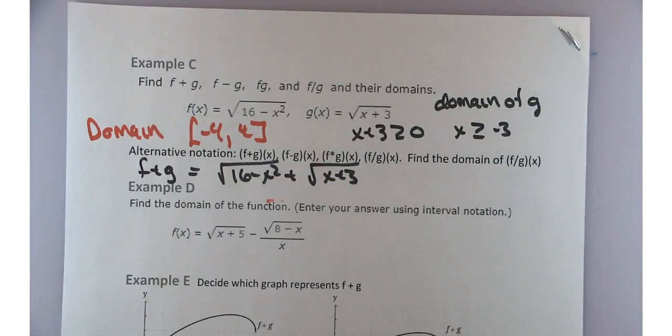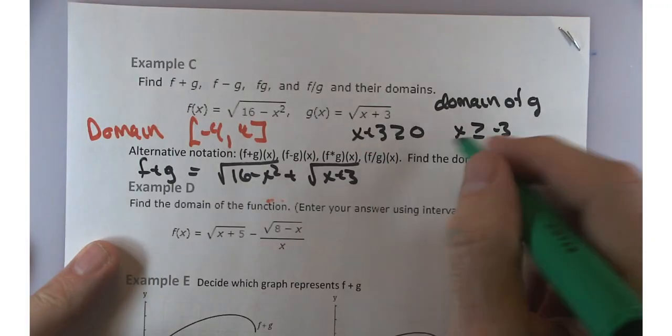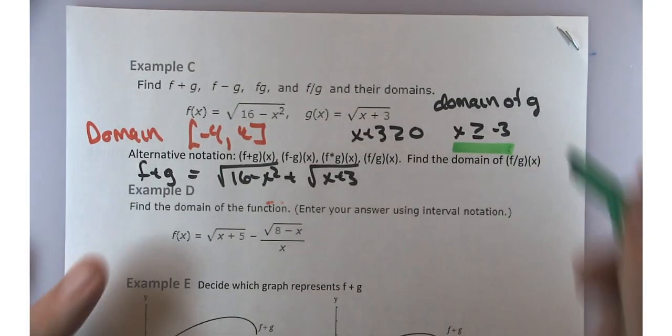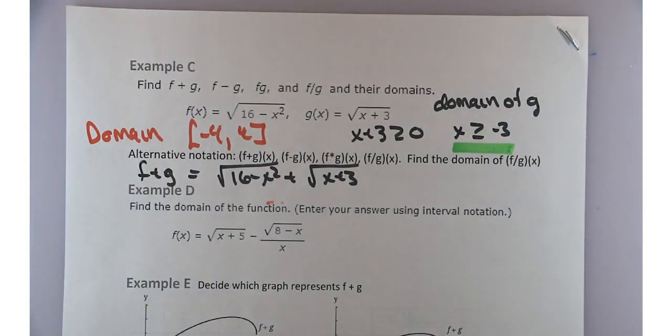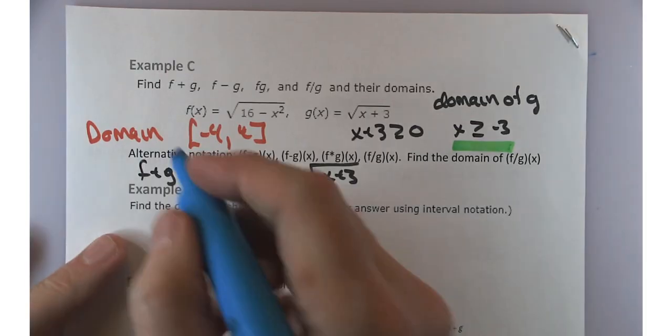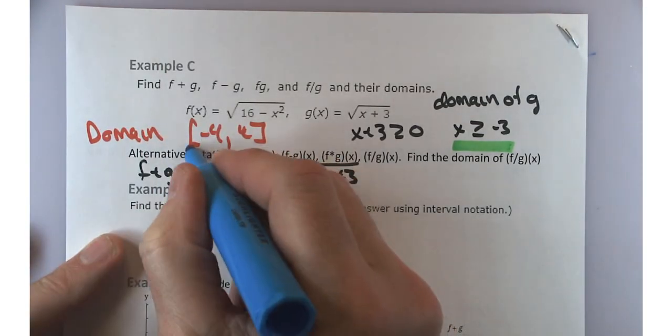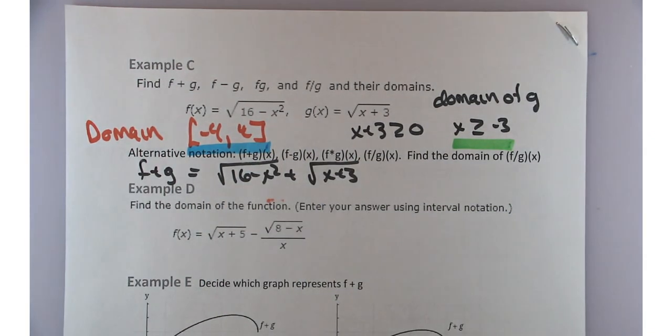So let's figure out where the domains overlap. We've got two domains here to work with. We've got this one here, x is greater than or equal to negative 3. And I've got this one here, x is between negative 4 and 4. So what's that look like when I find where they overlap?